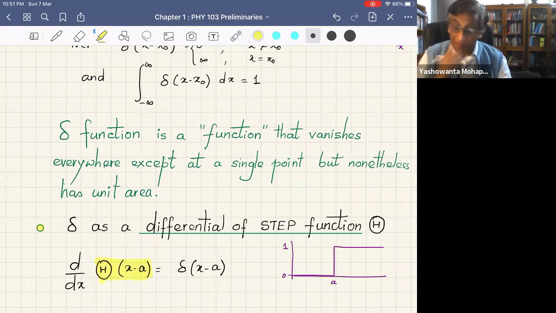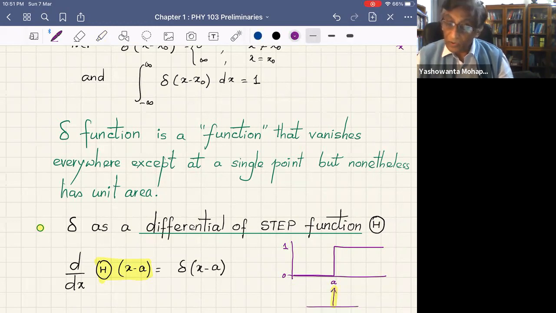You have seen already that if you differentiate this, what you will get is the infinity function, the delta function at x is equal to A. That is one way to view it.